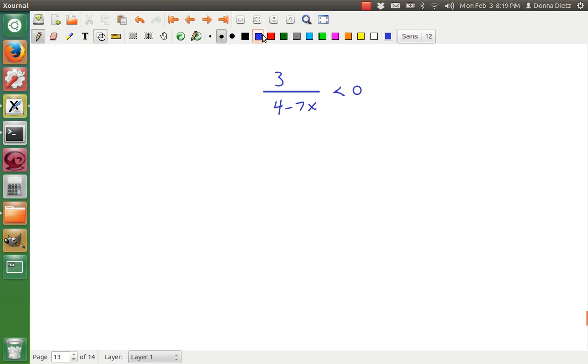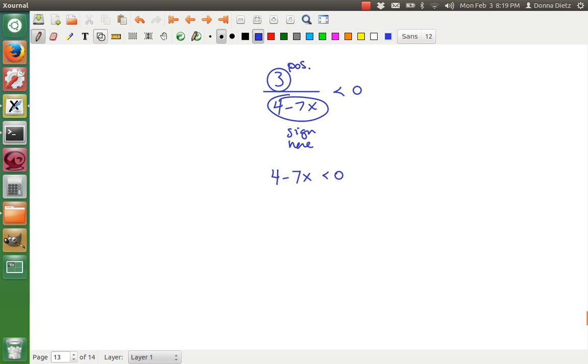Let's try the following. We know that the 3 is positive, so whatever the sign of 4 minus 7x is, it is going to dominate the sign of the whole term. It doesn't matter if it's in the numerator or the denominator, whatever the sign is, it is. So it's actually the same as saying 4 minus 7x is less than 0.